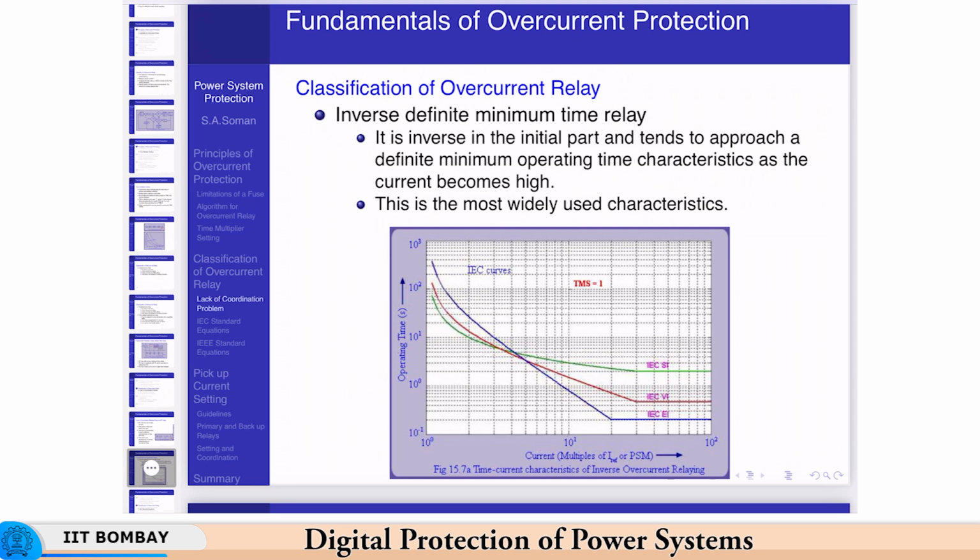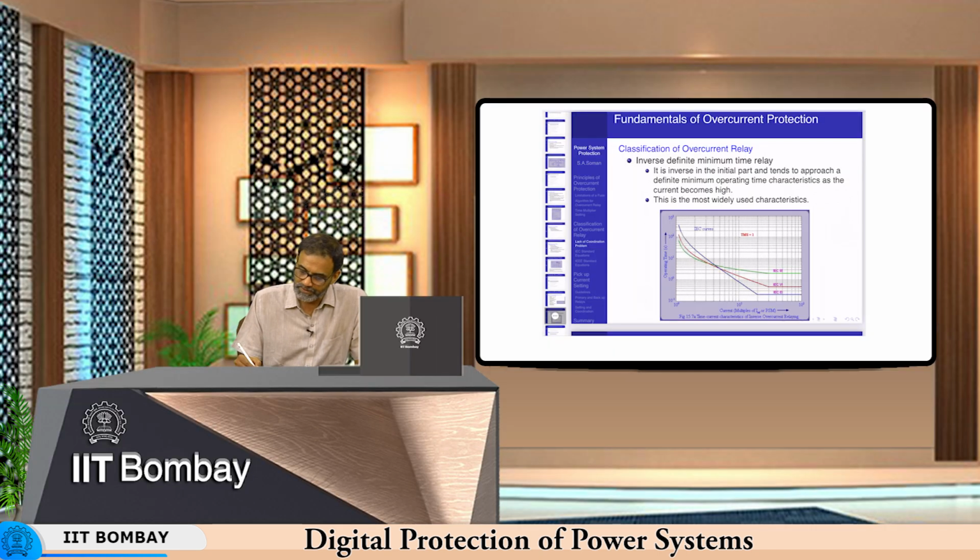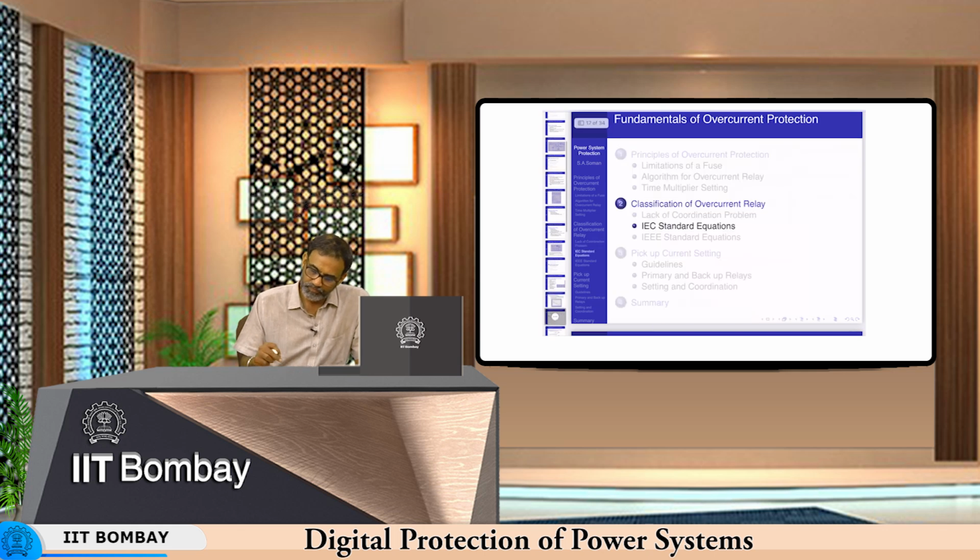This is the standard inverse, which is the most widely used in IDMT. Then you have the IEC very inverse, the second characteristic in red, and then the third characteristic in blue, which is the IEC extremely inverse. If you need to coordinate with a fuse, the EI, or extremely inverse characteristic, is what needs to be used.